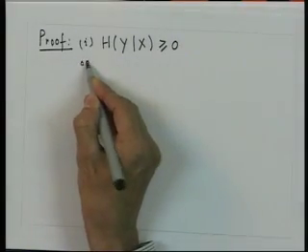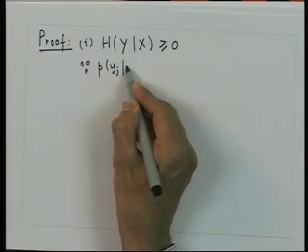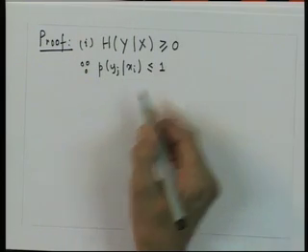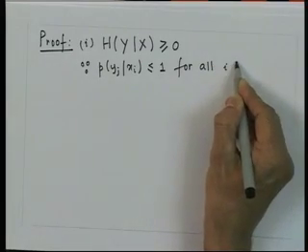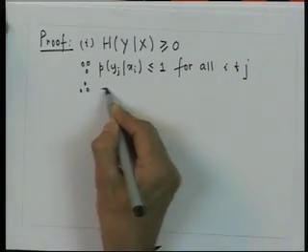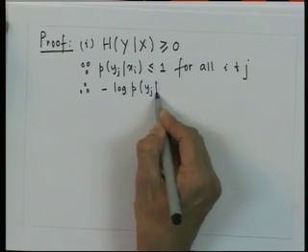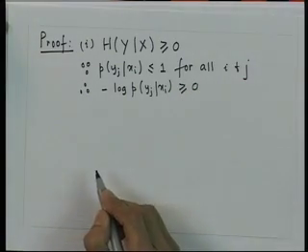Because probability of yj given xi is less than or equal to 1 for all i and j, this implies that minus log of probability yj given xi is always greater than or equal to 0.